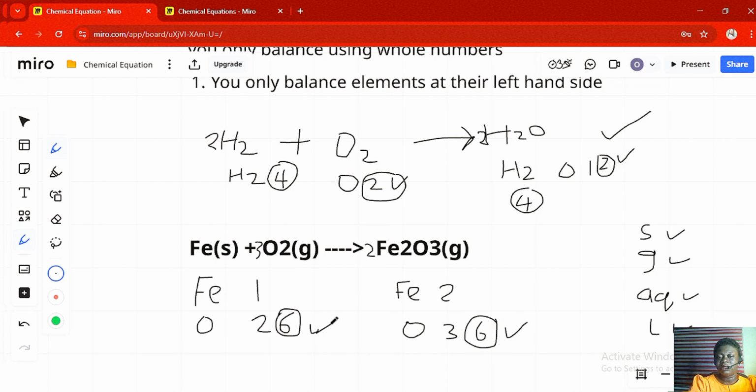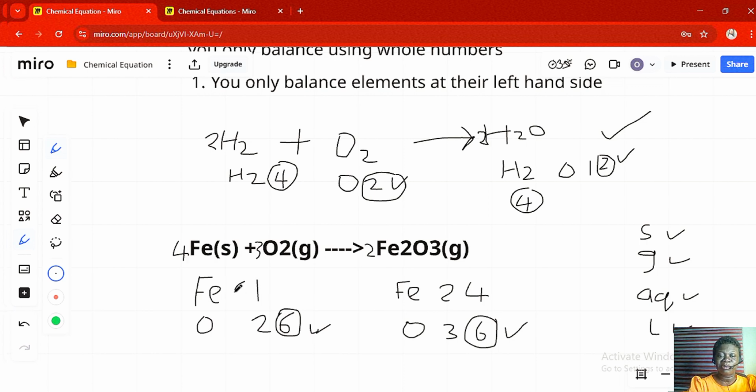Now look well. You will see that iron has increased from 2 to 4. 2 times 2 is 4. So iron is no longer 2 at the product side. Then let's go over to the reactant side. You will see that iron is 1. So since iron is 1, we just put 4 because 4 times 1 will give you 4.